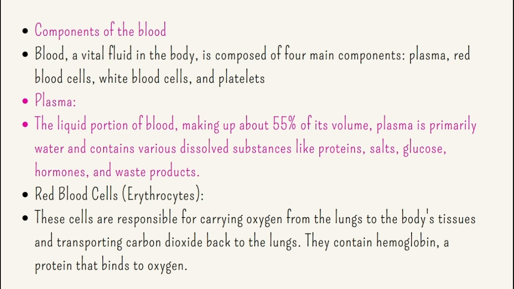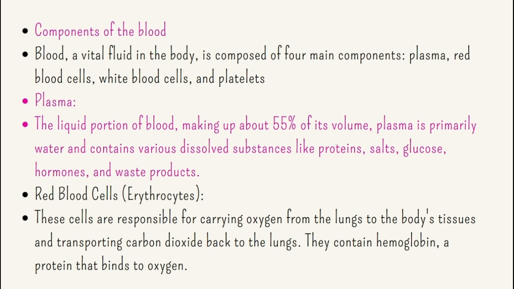So basically, plasma and red blood cells, these four components, are all inside of the blood. When you bleed and you just see it like that, your naked eye can't really see much, but put it under a microscope, and these four main components of blood can be seen.